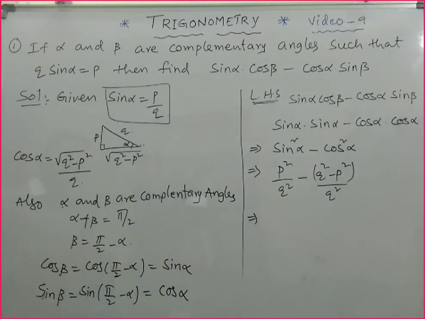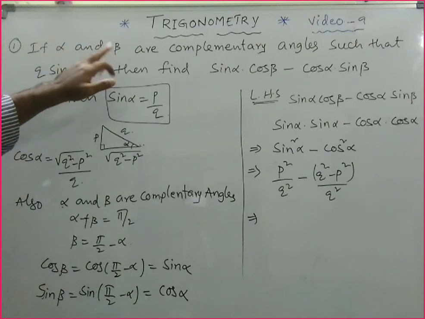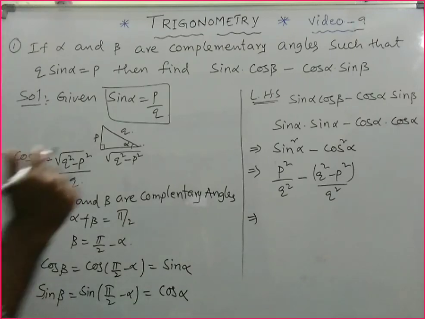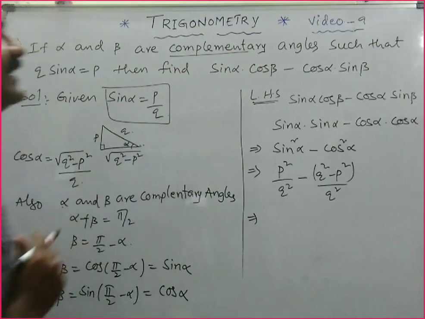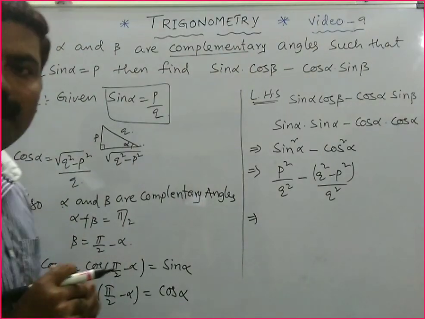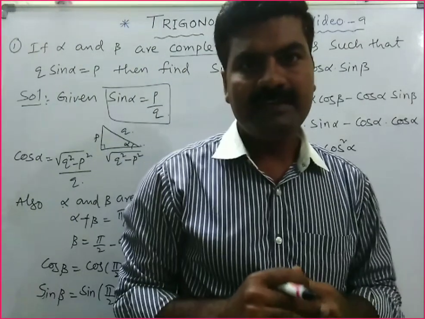But here nowhere he mentioned about alpha and beta belonging to which quadrant, because based on that, sine and cos can be positive and can be negative. So this is the very important point, my dear. But he gave a hint that alpha and beta are complementary angles.